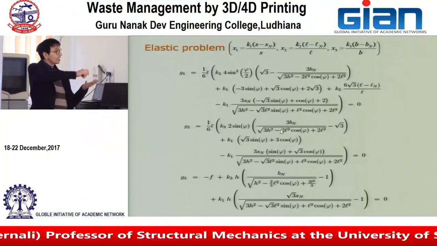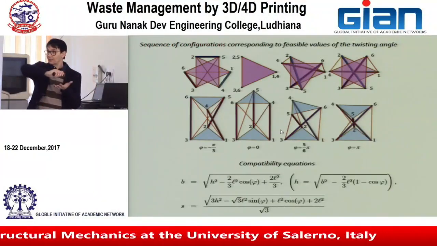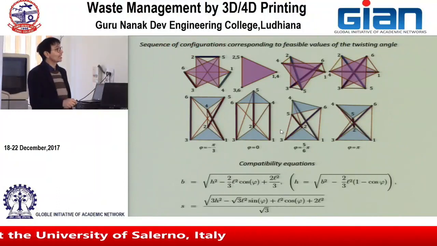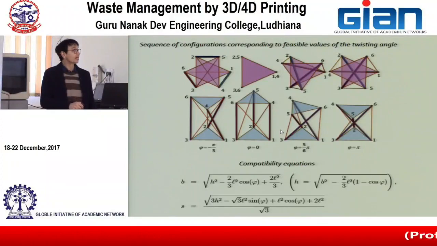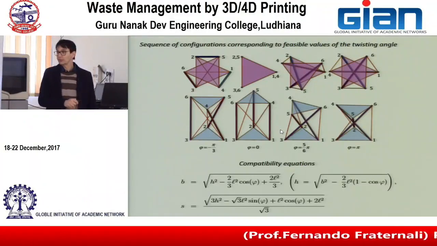So the twisting angle is shown here, is one variable. Another variable is the length of the base edges. Another variable is the length of the cross strings.